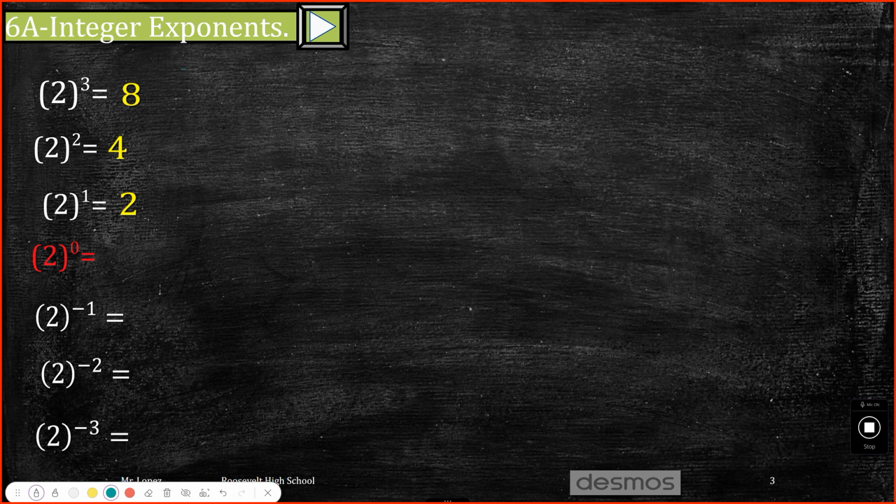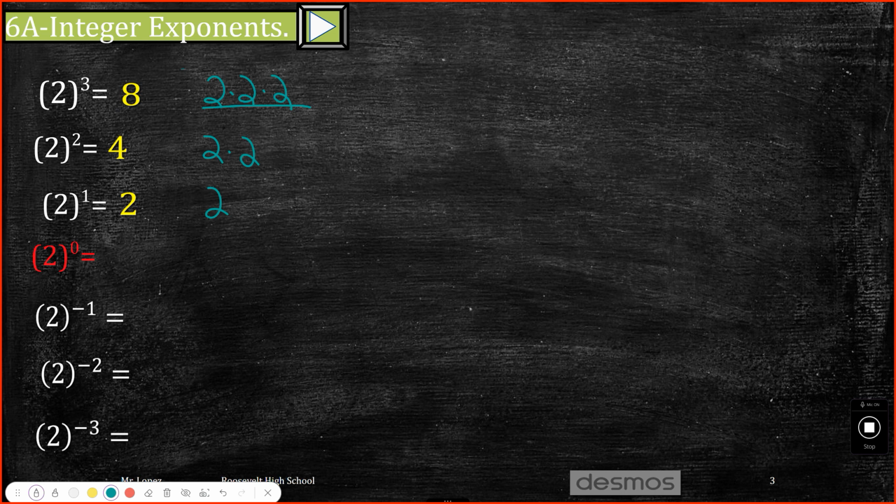All right, look. I'm going to try to convince you on what the answer is. We said that 2 to the third is 2 times 2 times 2, which is 8. 2 squared is 2 times 2, which is 4. 2 to the 1 is just 2. To go from one to the next, all I have to do is divide by 2.